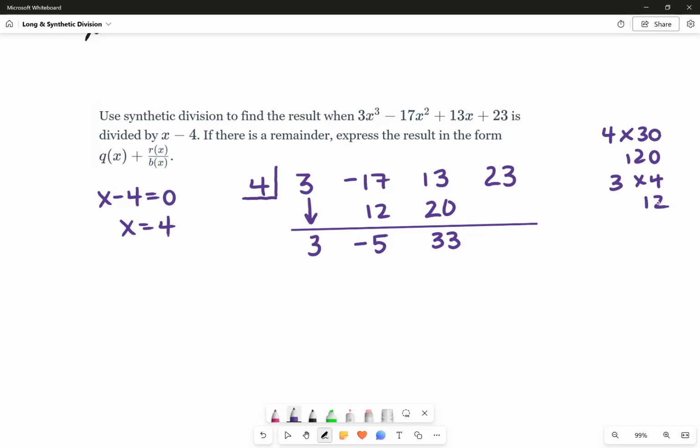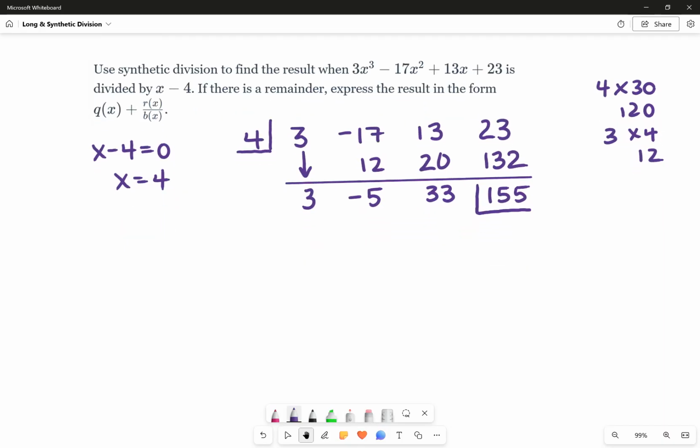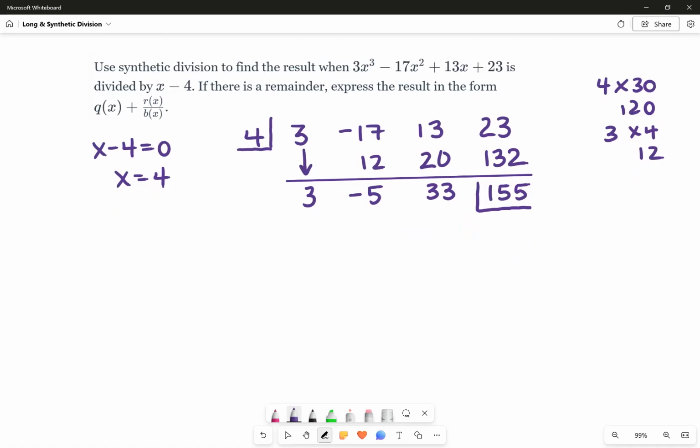So 120 and 12 is 132. So let's combine. 155 is our remainder.